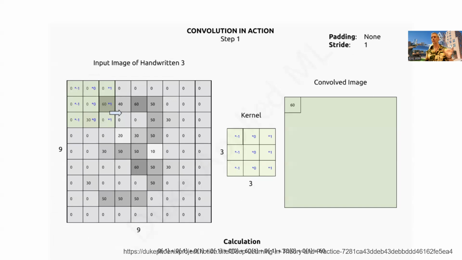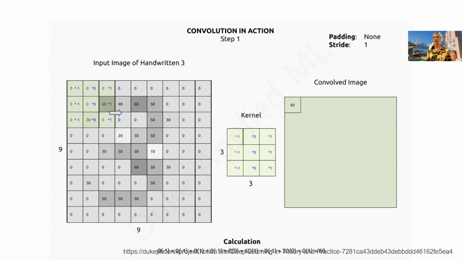is, first I'm going to put the kernel in the upper left-hand corner. And I'm just going to pairwise multiply all those corresponding values, right? So you can see in the kernel, there's a -1 down the left-hand side. There's a 0 in the middle column, and on the right there's a +1.